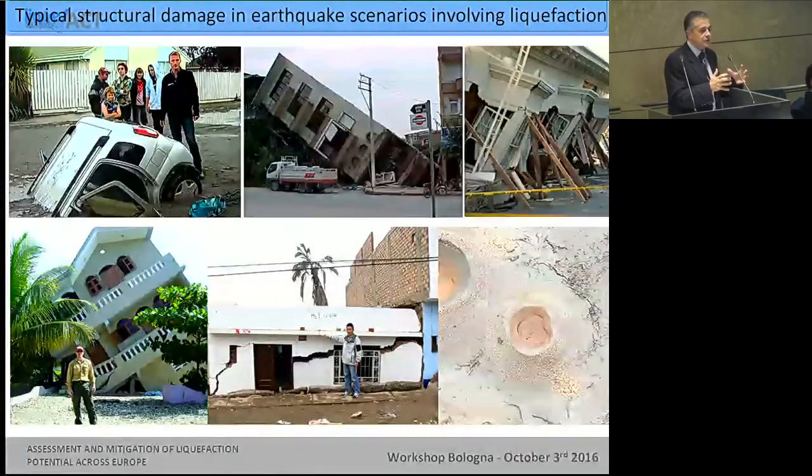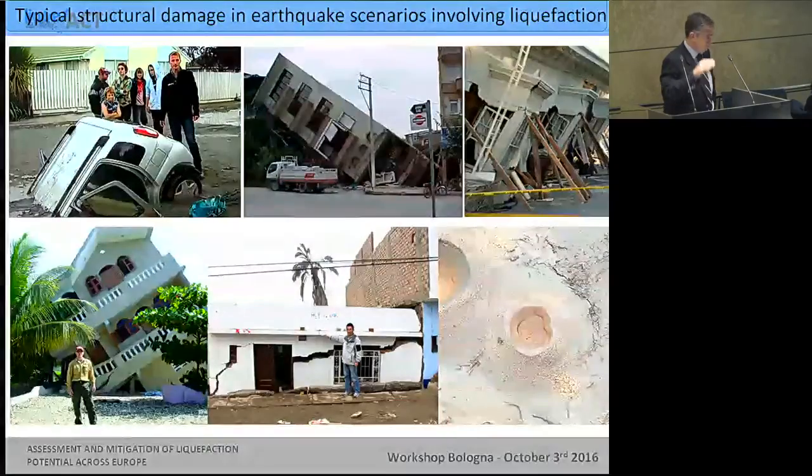In these first cycles of the movement, you can have an immediate shaking that can damage your concrete, your beam and pier structure, and then after that you will have the settlement due to the collapse of the post-liquefaction.